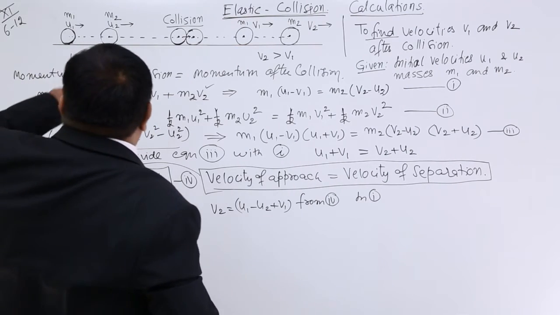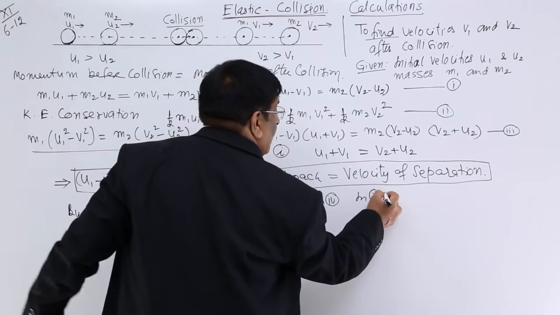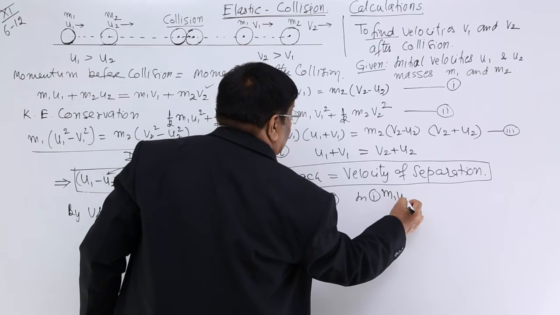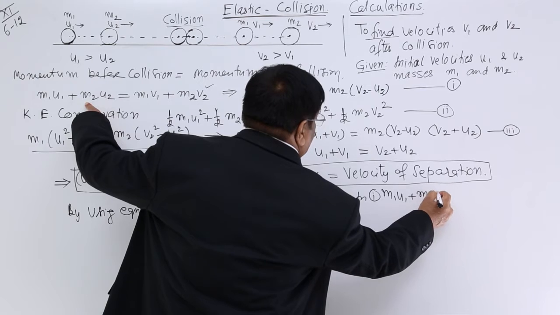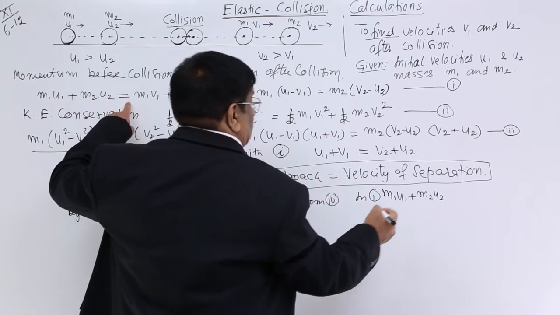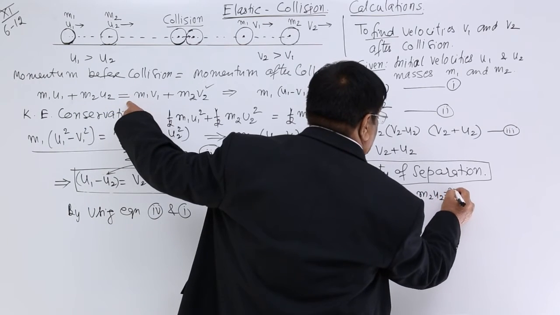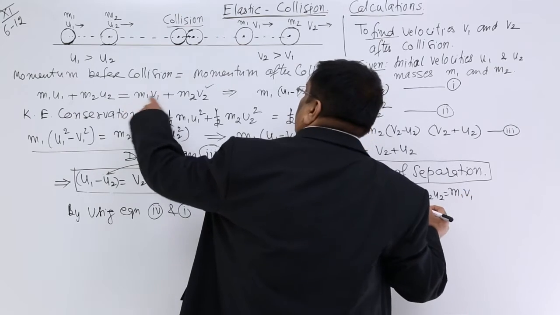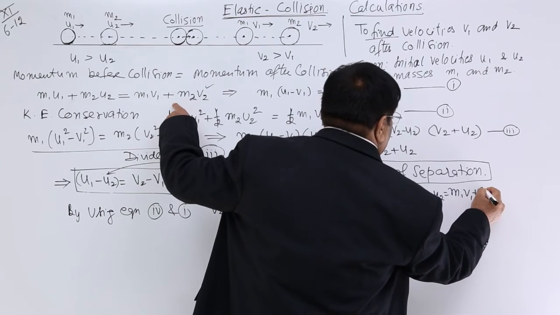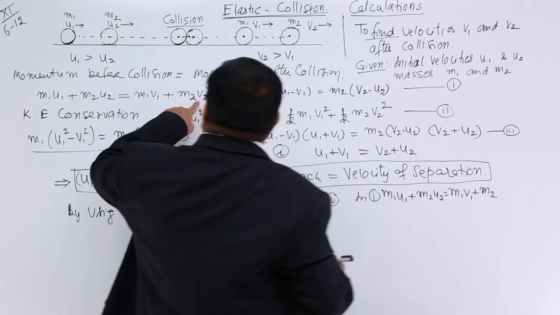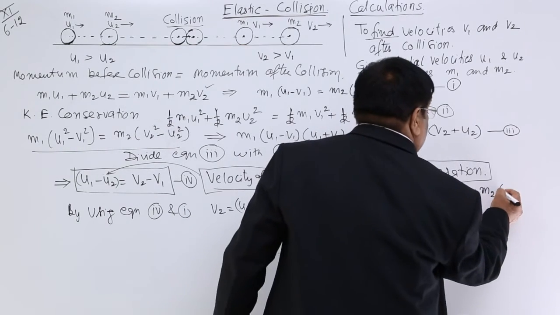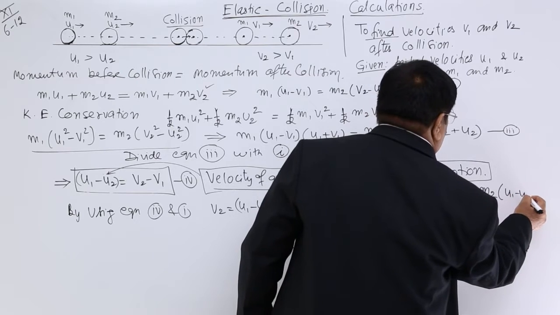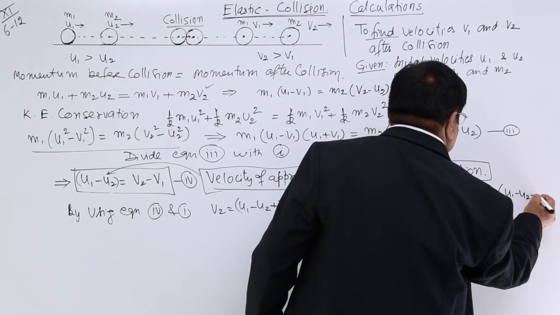If we put it here, what do we get? m1 u1 plus m2 u2 is equal to m1 v1 plus m2, and in place of v2 we are going to write this whole thing, u1 minus u2 plus v1.